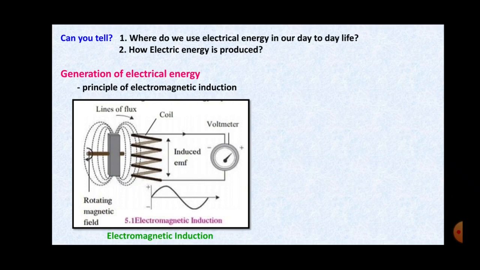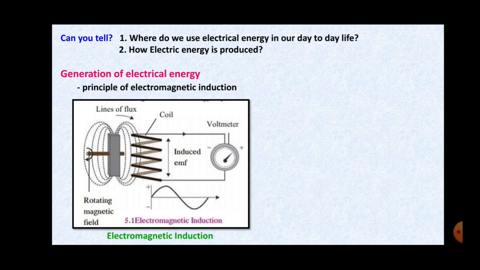In both ways, a potential difference is created across the conductor. The conductor is the coil. You can see the magnet and the rotating magnetic field, and on this side you can see the voltmeter through which we come to know that electric current is generated. So, the electric generator is based on this principle.